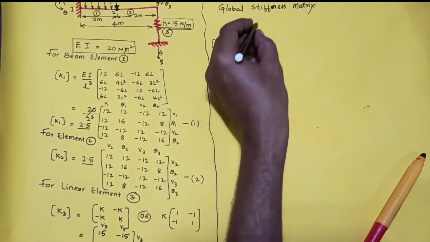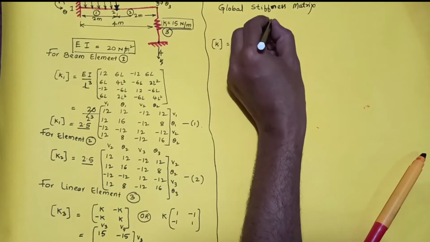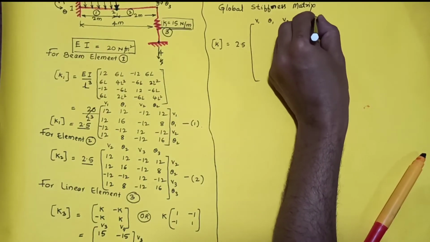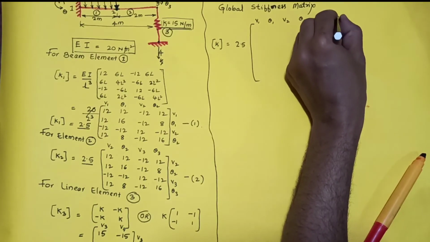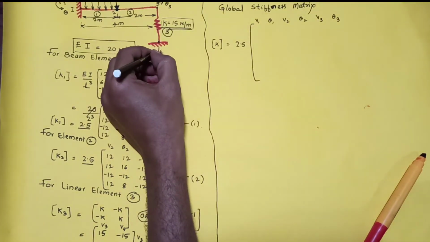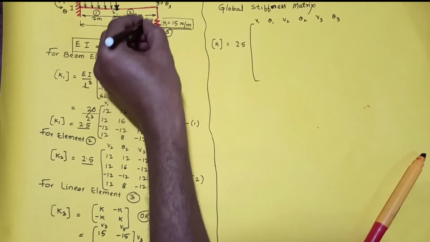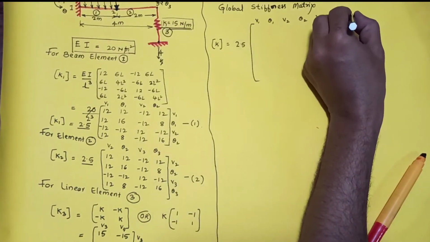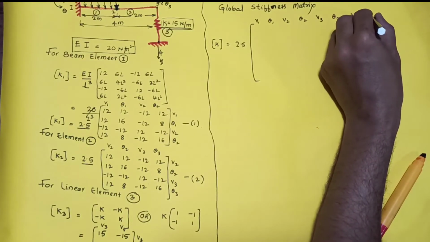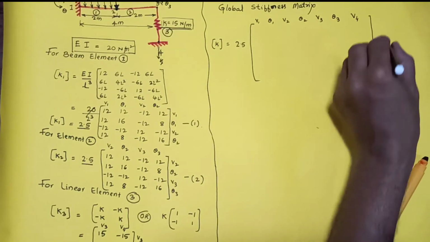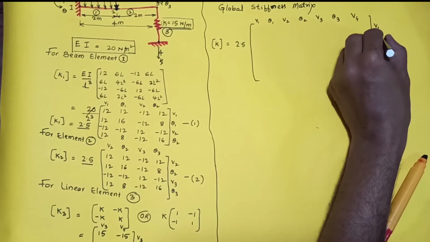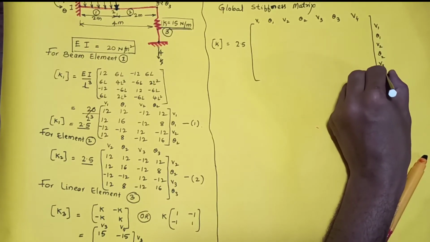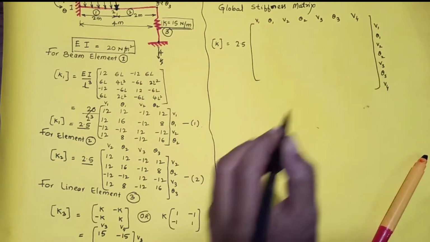So now we'll write V1, theta 1, V2, theta 2, V3, theta 3, and finally V4. In the row also you can write the same values, V1, theta 1, V2, theta 2, V3, theta 3, lastly V4.